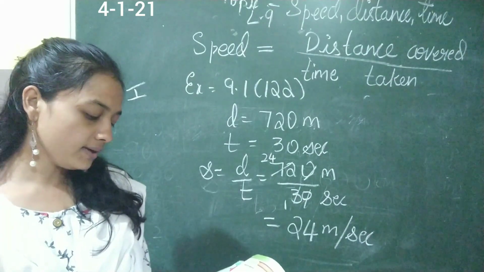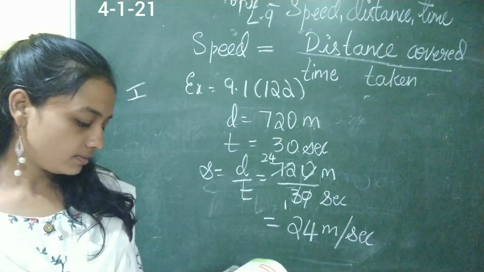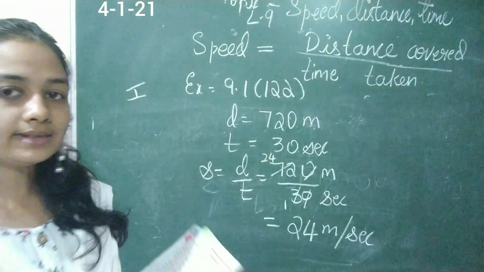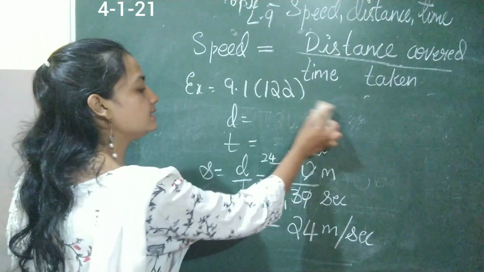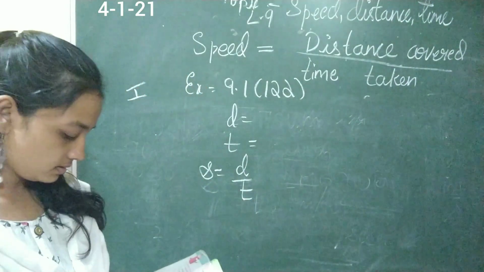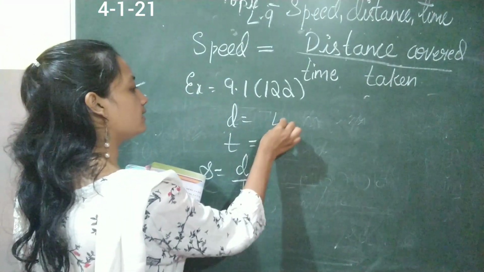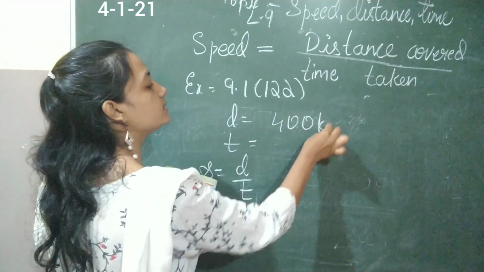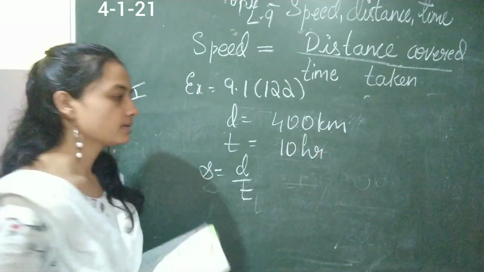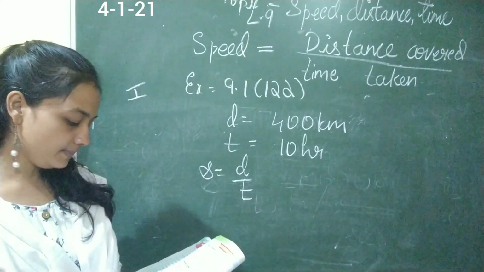Mani travels 400 kilometers in 10 hours by bus. Find the speed of the bus. So Mani is traveling in a bus, and the distance that the bus covered is 400 kilometers in 10 hours. So what would be my speed here?